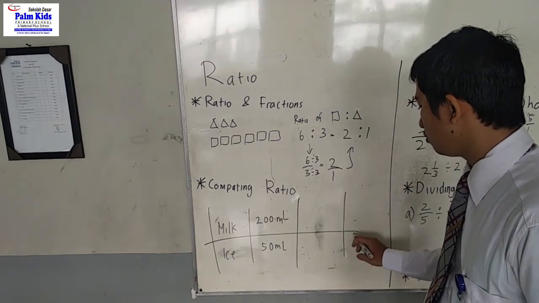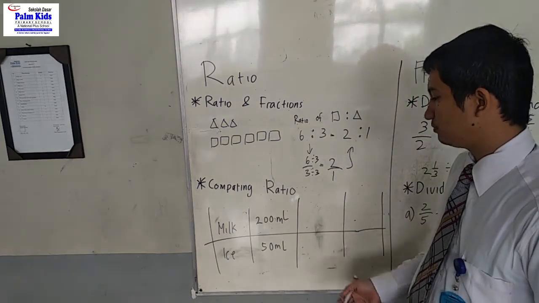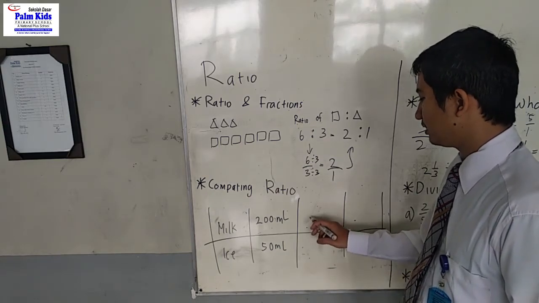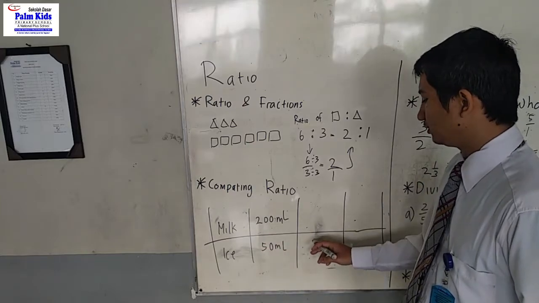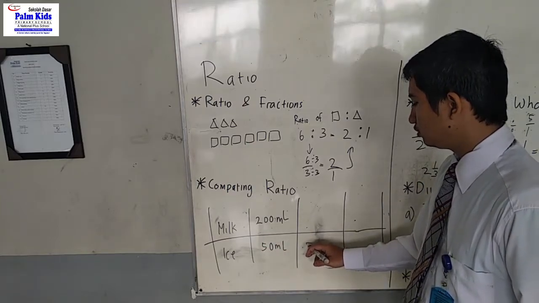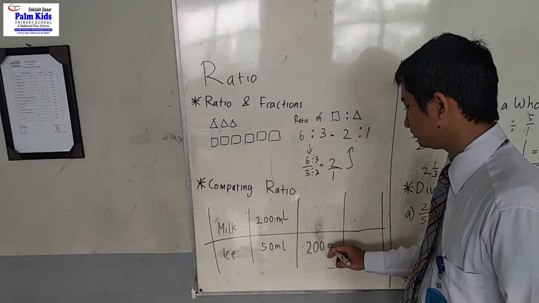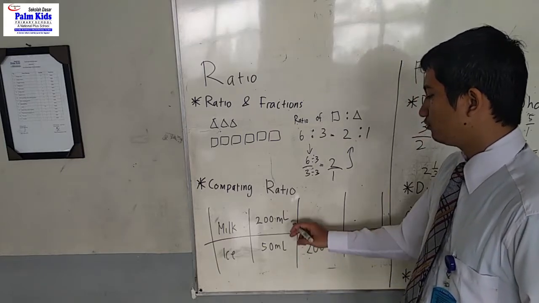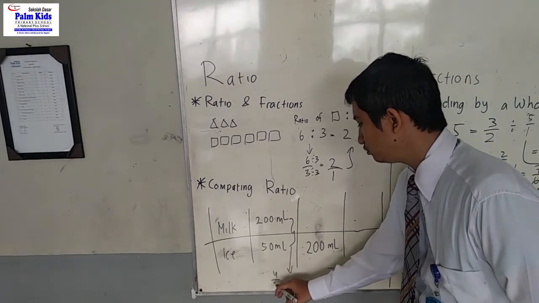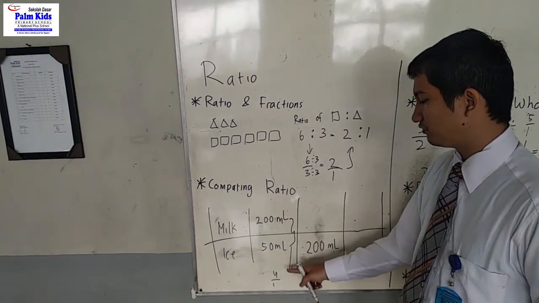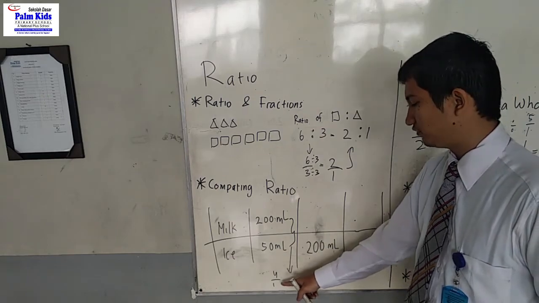Now, what happens if I want to make a drink similar to this, but the ice is 200 milliliters? First, we see that the ratio in here is 4 to 1, because 200 divided by 50 is 4, 50 divided by 50 is 1.